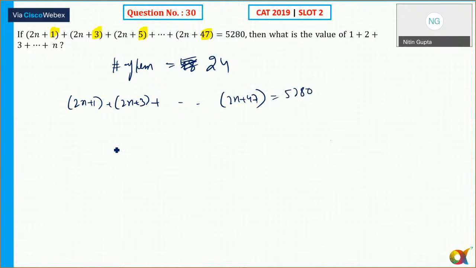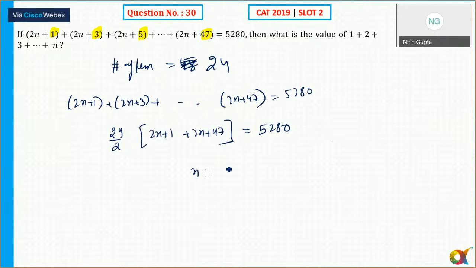So we know the total number of terms is 24. So what is the sum? 24 by 2 into first term plus last term. On solving this, you can find out the value of n here.